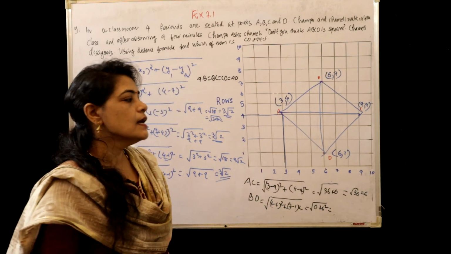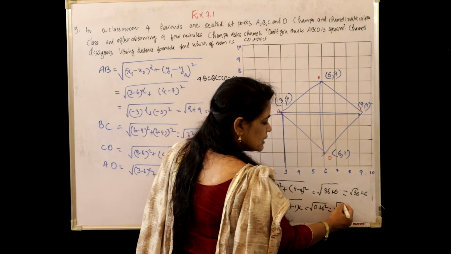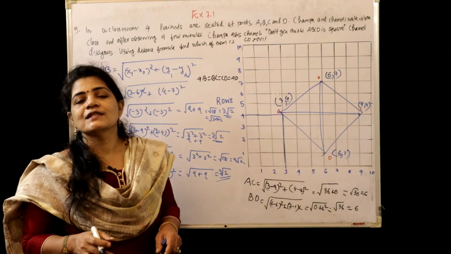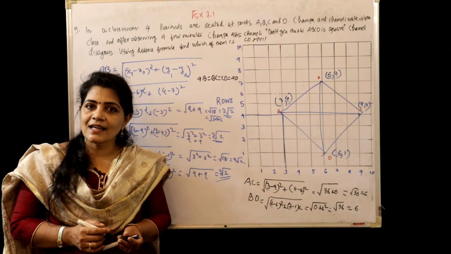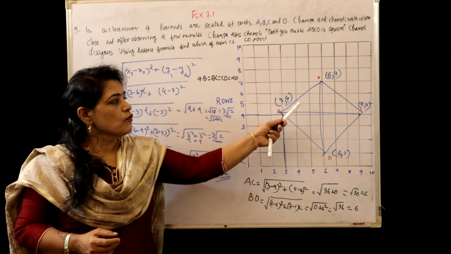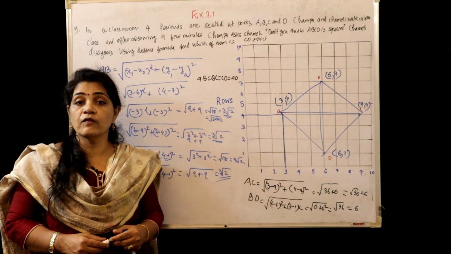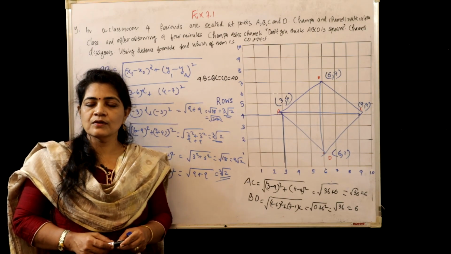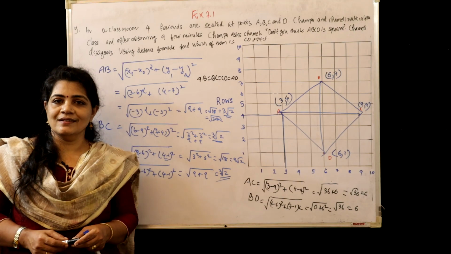Root 36 is 6 itself, so this is equal to 6 units. That means all four sides are equal and the diagonals are also equal, which means these 4 points will form a square. Understood? So this is all about the fifth question.